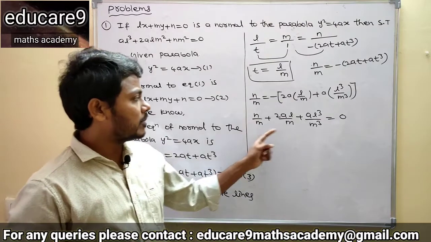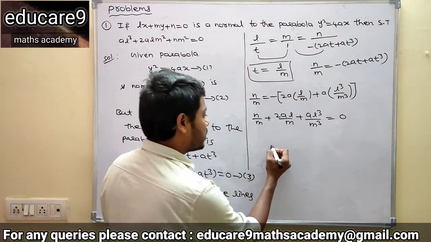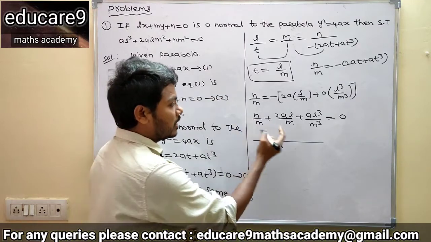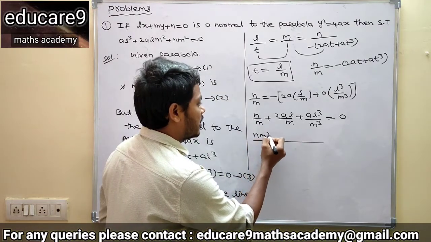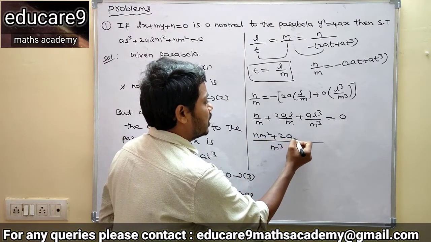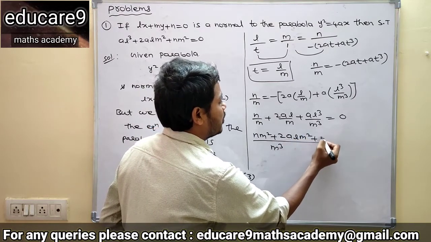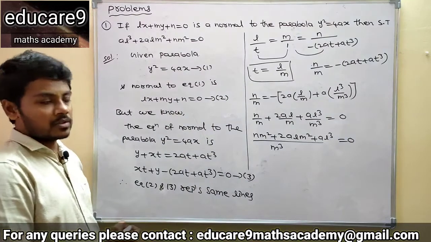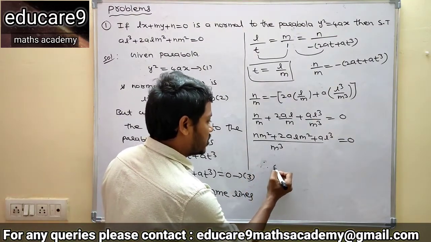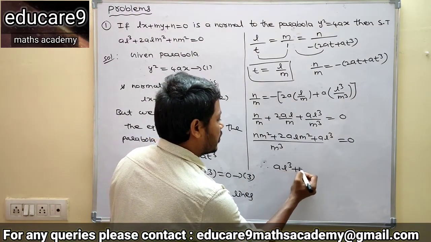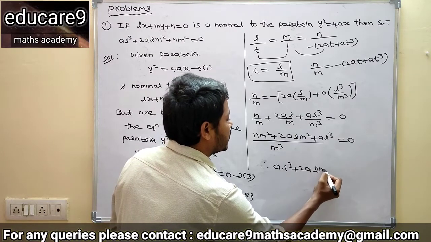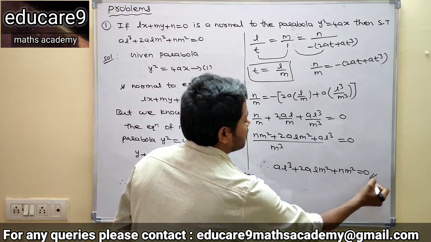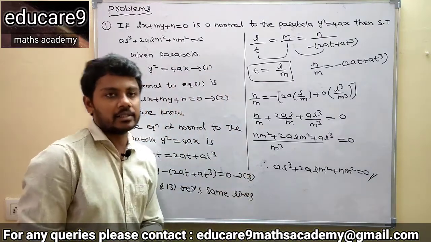So what is the LCM? M cube is the LCM. Now see the numerator, nm square plus 2alm square plus al cube, this is equals to 0. So therefore the required condition is al cube plus 2alm square plus nm square equals to 0. So this is the required condition.